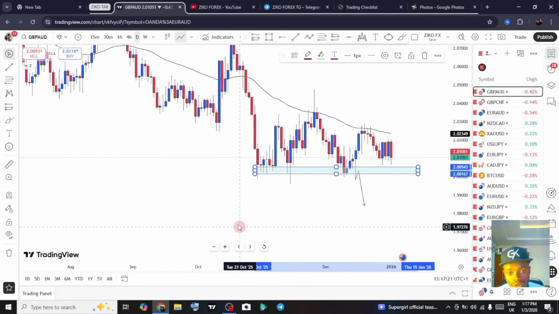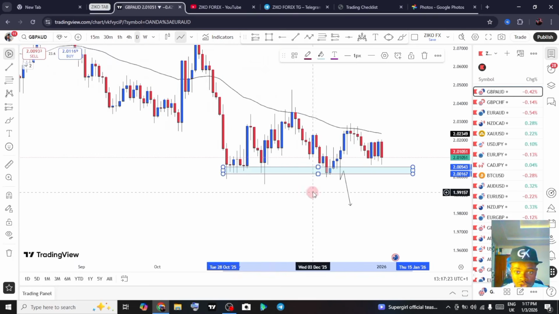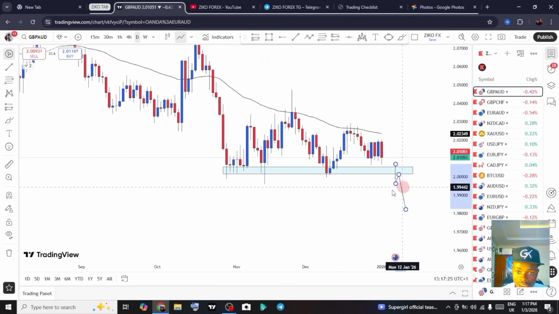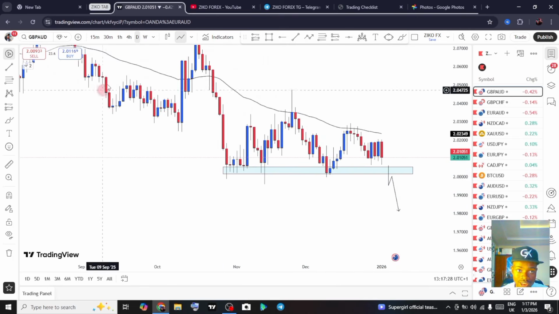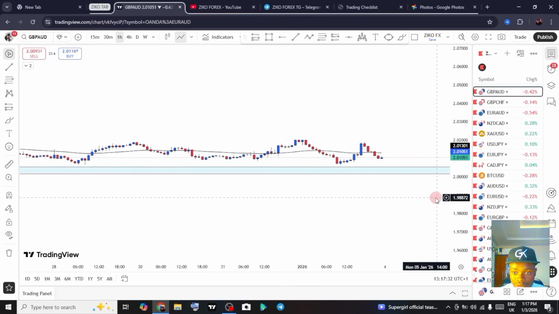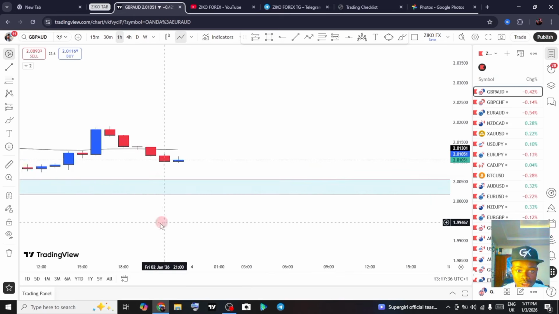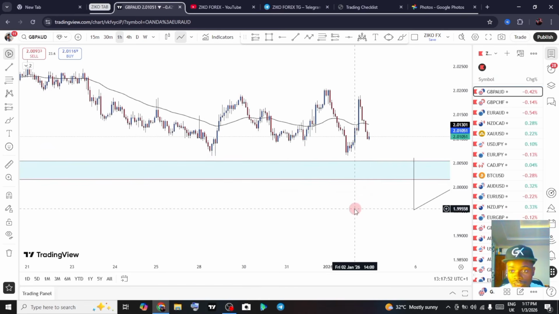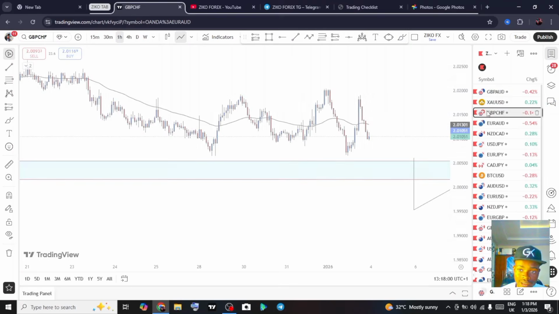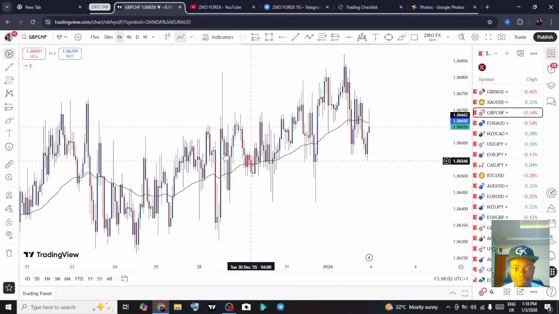On this price action, it makes sense for us to wait for a break and retest just like this to actually sell this market. But this might not happen as soon as we think it will. GBP AUD might give us the very first opportunity this week, but let's continue analyzing and choose the best for this new week.